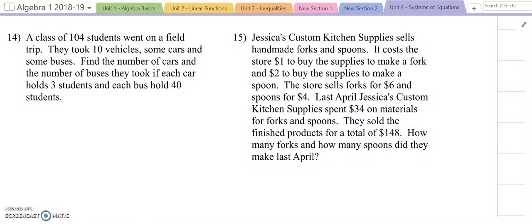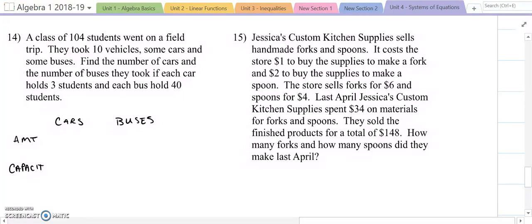There's a class of 104 students that went on a field trip, and they took some 10 vehicles, cars versus buses. Wow. Sounds kind of similar again. Sounds like you should include cars versus buses. You should have an amount of cars and an amount of buses, and you should have a capacity in each one, or the value of each.